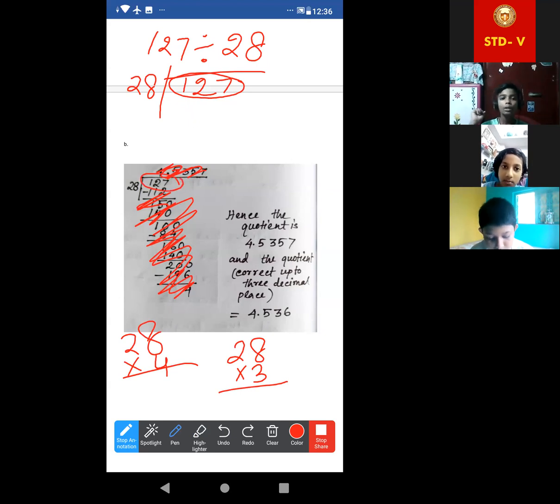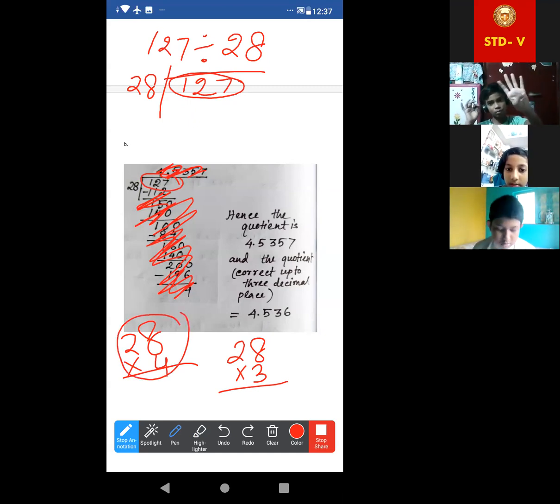Exactly, 4. So we will take 4 over there and it will be 112, right?